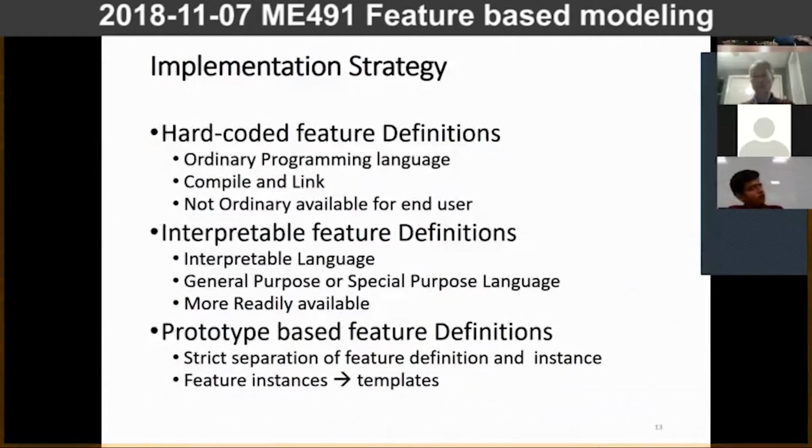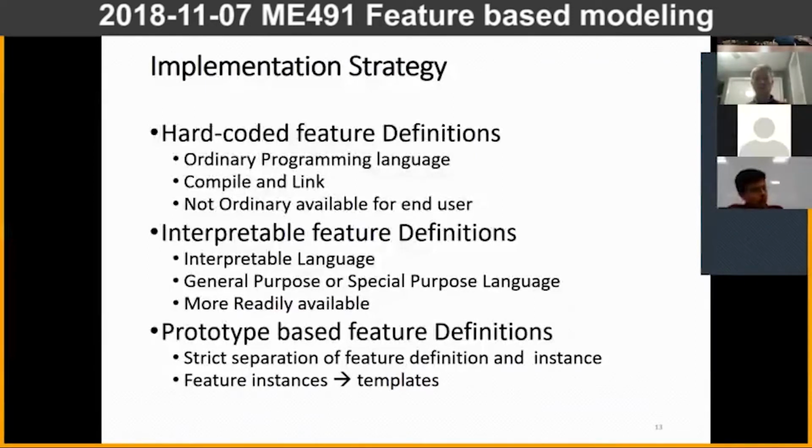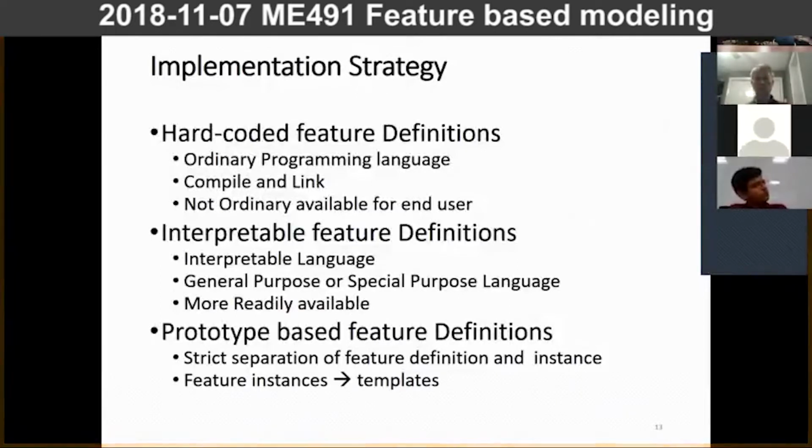So the next is the implementation strategy of hard-coded feature definitions. In the case of hard-coded feature definitions, the feature is defined in an ordinary programming language, where this language is not usable by the end user. He cannot manipulate it, but it is compiled and linked, and it then performs.